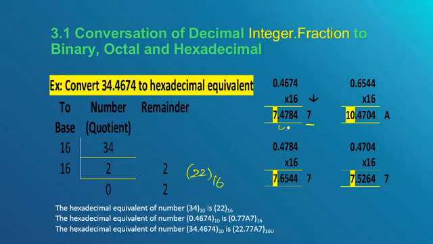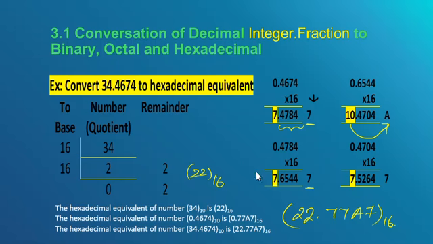When the remainder fraction is multiplied by 16, again I get integer part 7. When the next fraction is multiplied, it gives 10.470. We don't have a symbol for 10, so it will be converted into A. Then finally you will have 7. So the final answer will be 22.77A7 of base 16.